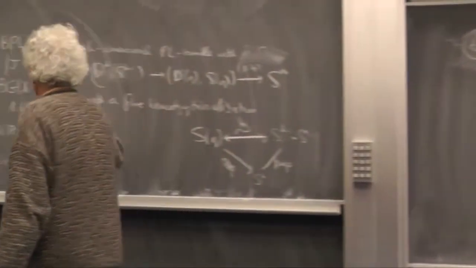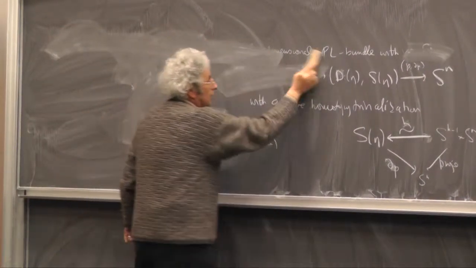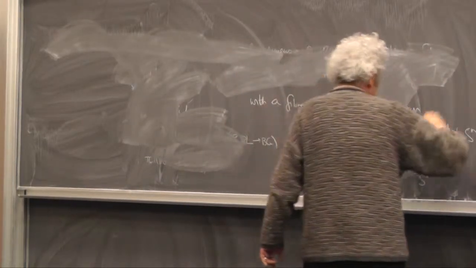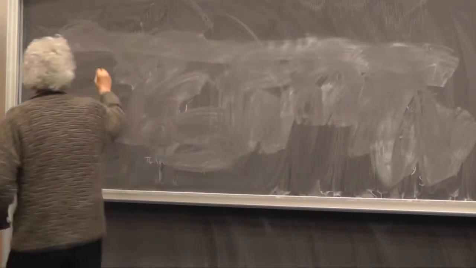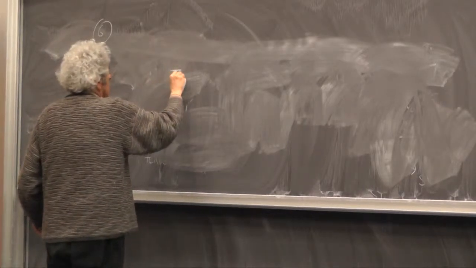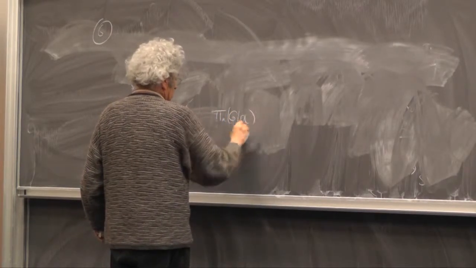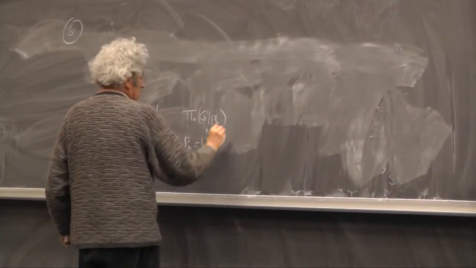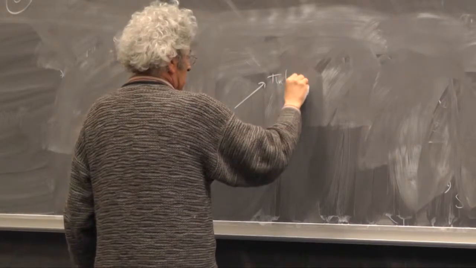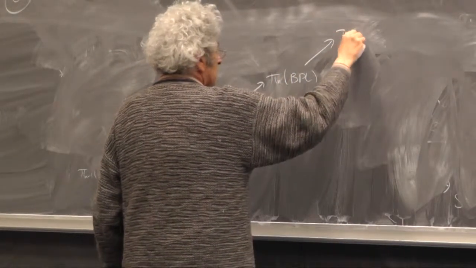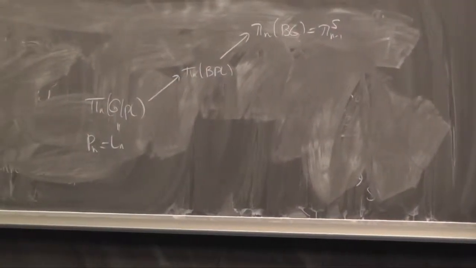So now let me continue on the same fine level and write out what are the homotopy groups of this braid. So we've got pi_n of, let's put it over here, that's P_n. Now comes pi_n of L. Now comes pi_n of PL. So we know what these things are, stable homotopy groups of spheres.